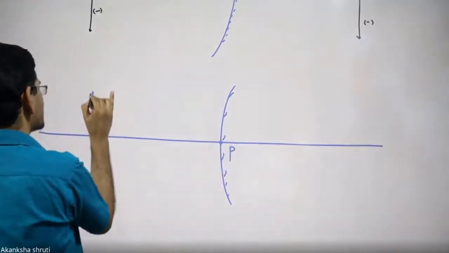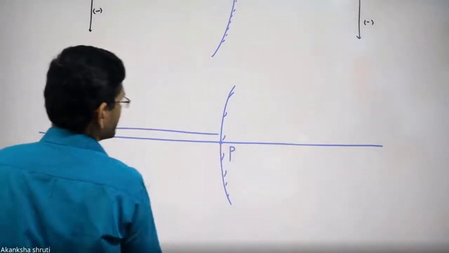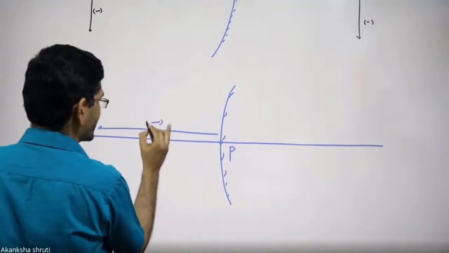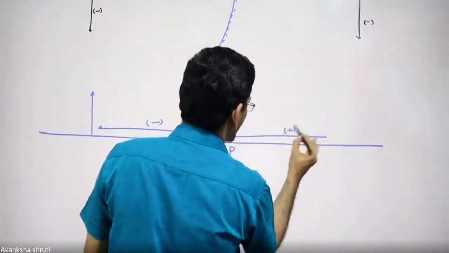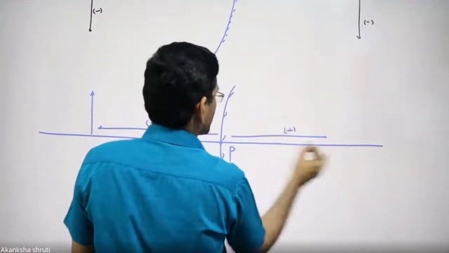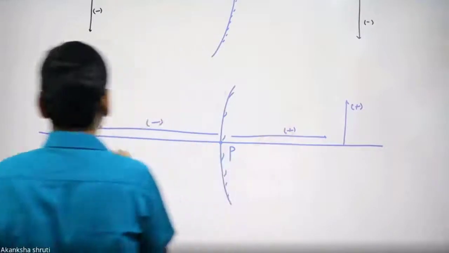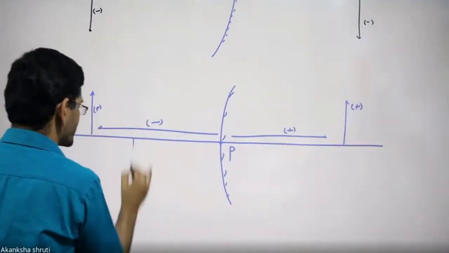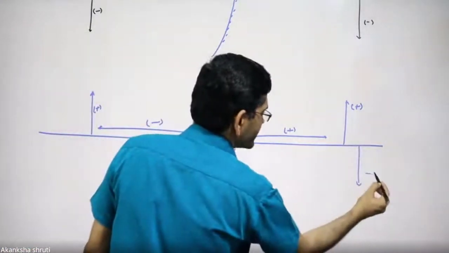The object has to be taken from the left hand side. This will be our u. So the distance measured on the left hand side should be taken negative. The distance measured on the right hand side should be taken positive. All the distances above will be taken positive. All the distances below will be taken negative. Whether in this quadrant or even in this quadrant.